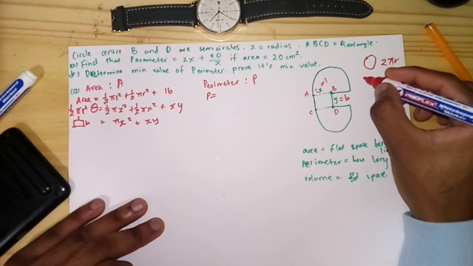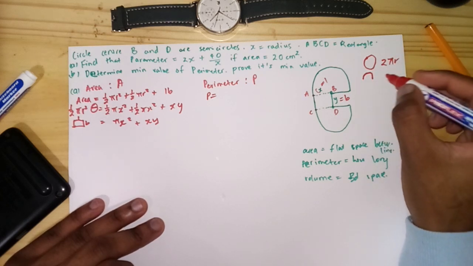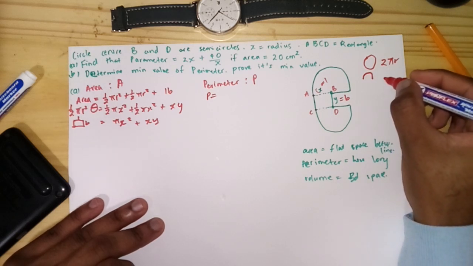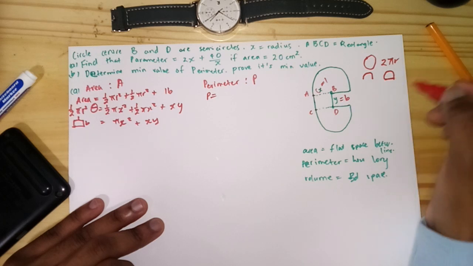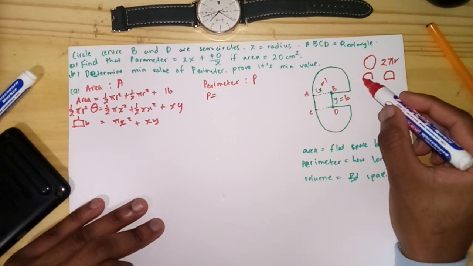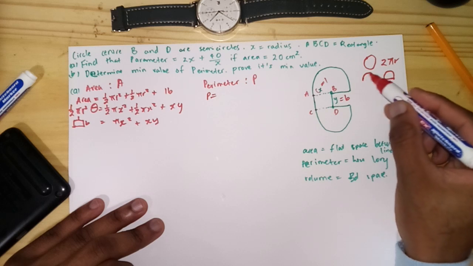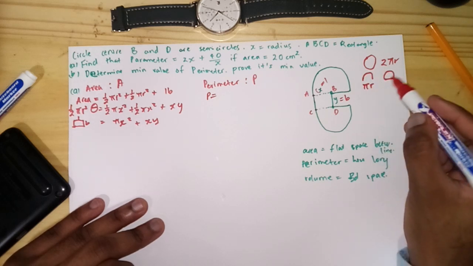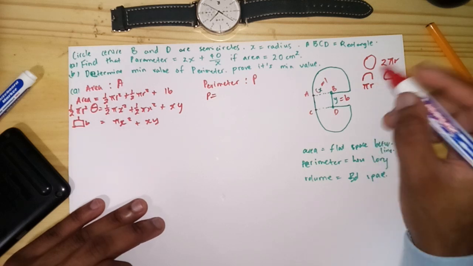The perimeter of a semicircle depends on whether that semicircle is open or closed. Okay? So the perimeter of a semicircle, such as this one, is actually pi r. And let me tell you why it's pi r.